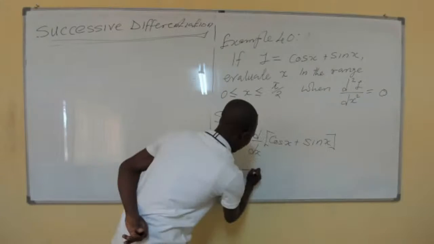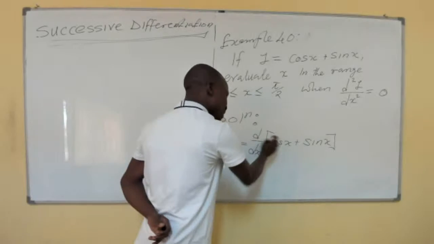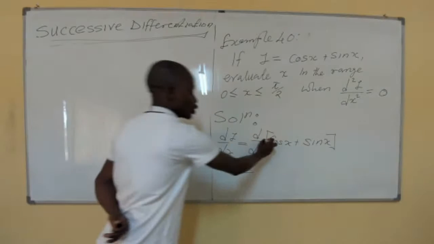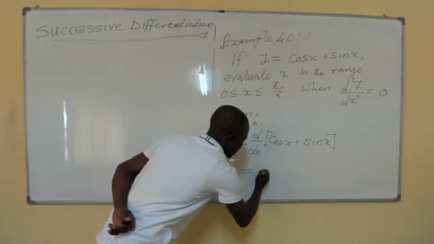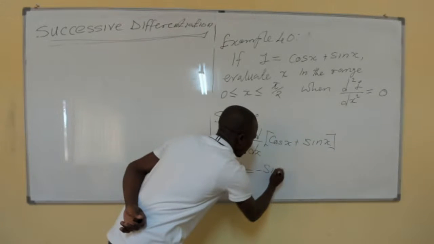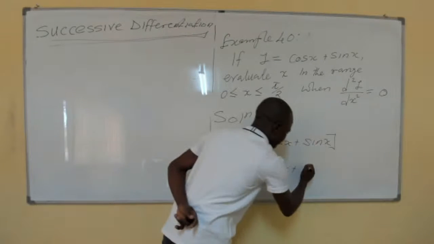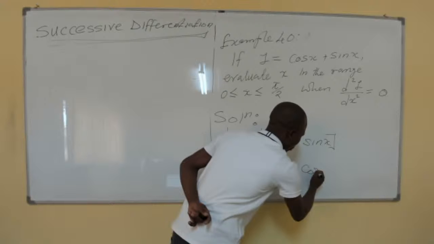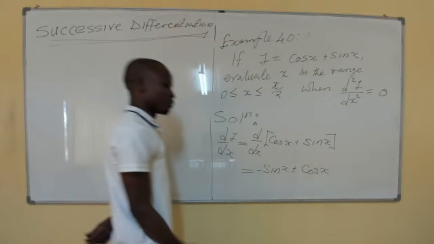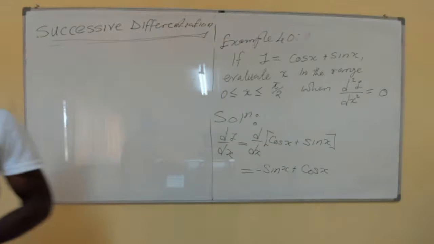The derivative of cosine x is the negative sine of x, plus the derivative of sine x, which is the cosine of x. That is from the trigonometric differentiation principles.